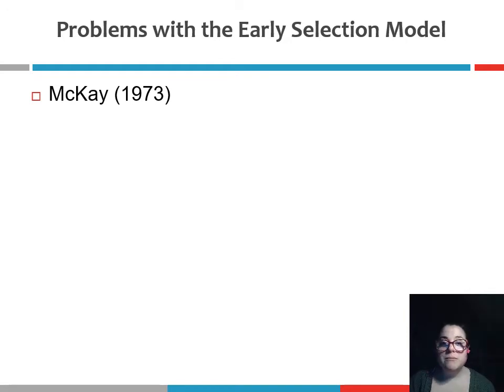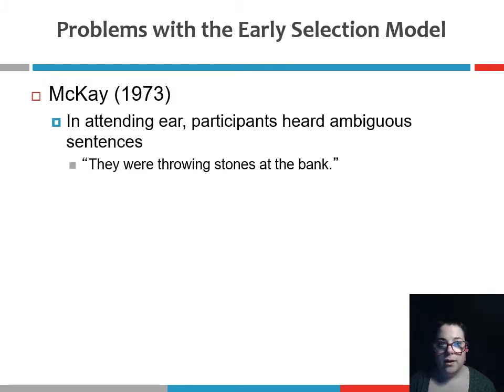Okay. Similarly, another issue for the early selection model was demonstrated in an experiment by Don Mackay. In this experiment, in the attended ear, participants heard deliberately ambiguous sentences.